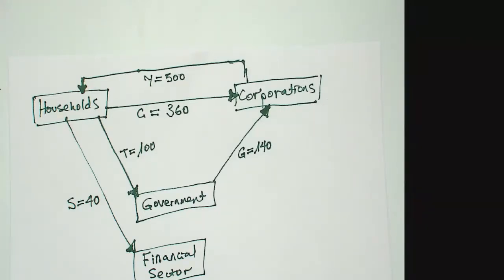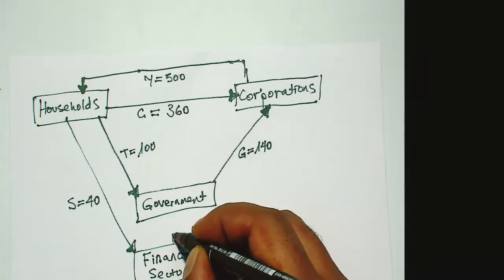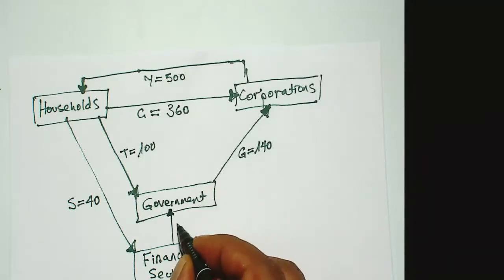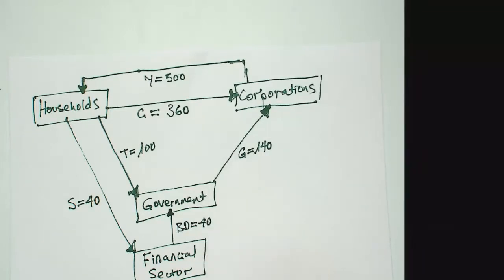So when the government sells bonds to the financial sector for a value of 40 euros, they have 100 euros in the form of tax and 40 euros from selling bonds, giving us a total value of 140 euros, which would be spent to buy cars from the corporation. So the financial sector, in the form of bonds, would transfer an amount of 40 euros to the government, which is the budget deficit.